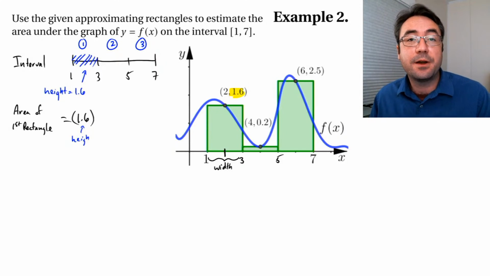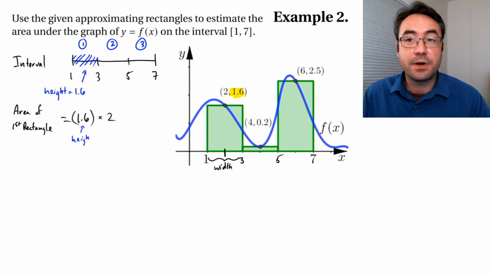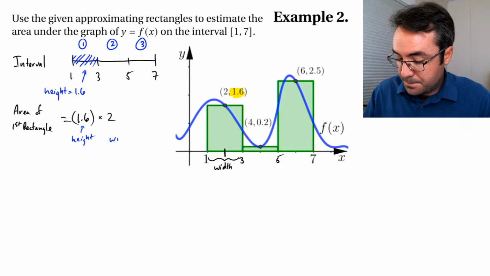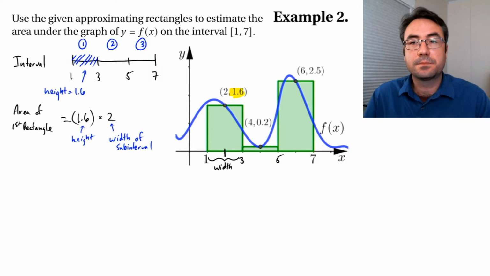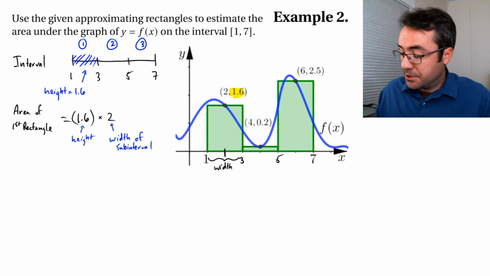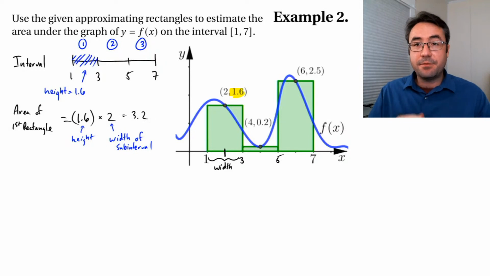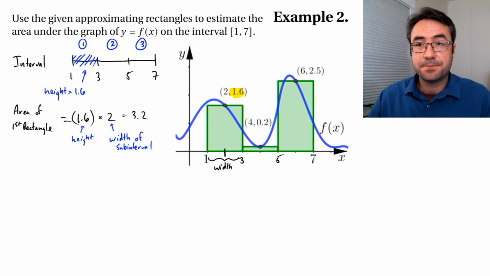So the width there is 2 units. We multiply by the width of our subinterval, which is 2, and do the calculation, and we end up with 3.2. So the area for that first rectangle is 3.2 square units.